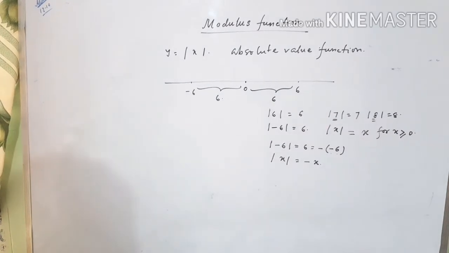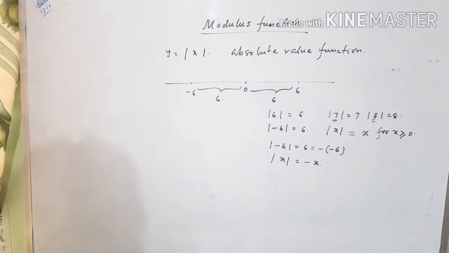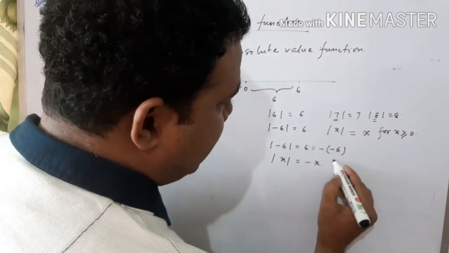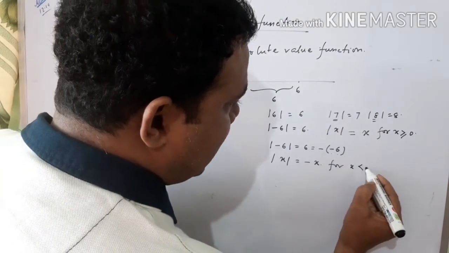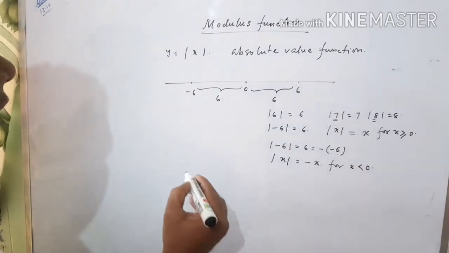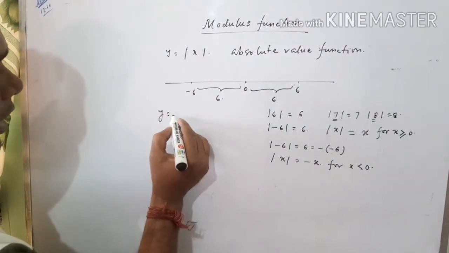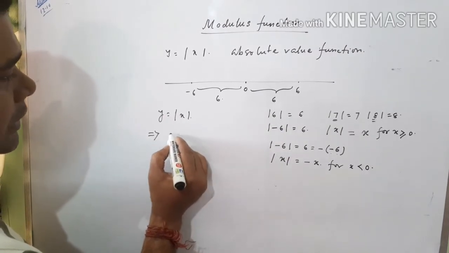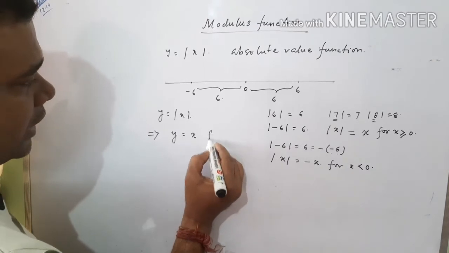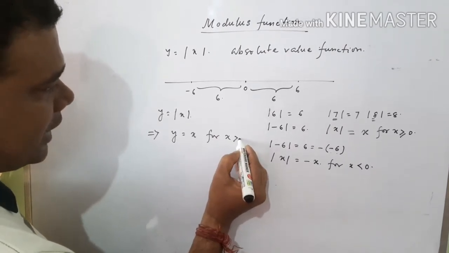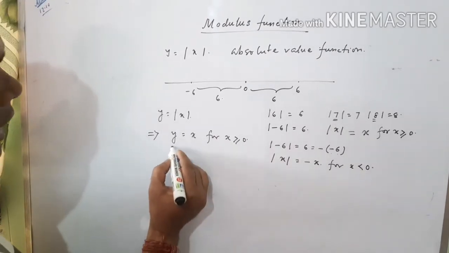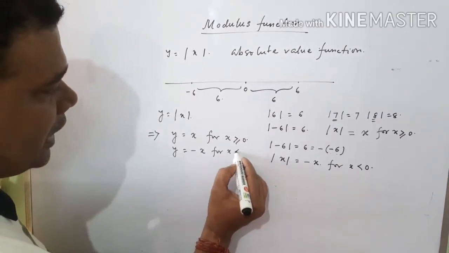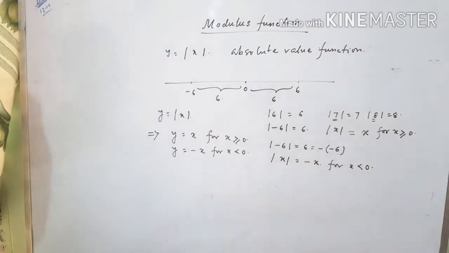So mod x equals -x when x is less than 0. So see that y equals mod x implies that y equals x for x greater than or equal to 0, and y equals -x for x less than 0.